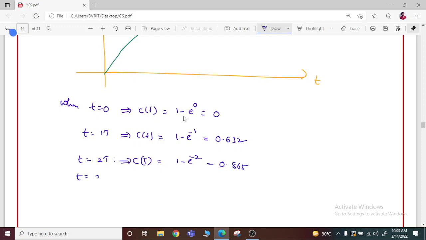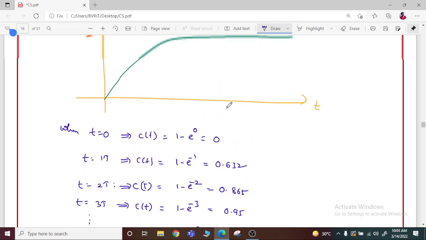Similarly, when t is equal to 3 time constants, c(t) is equal to 1 minus e to the power of minus 3, which is equal to 0.95. Likewise, when t is equal to infinity, c(t) is 1 minus e to the power of minus infinity, which is equal to 1. So the maximum value is 1.